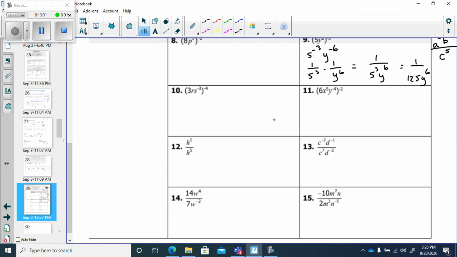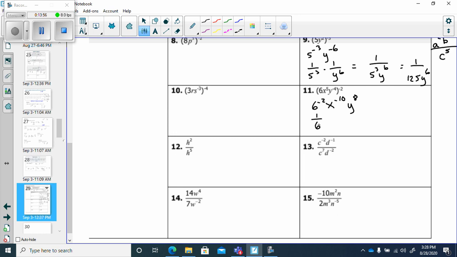Let's look at number 11. We're going to distribute this negative because this is raising a power to a power, and that is a coefficient. That would give me 6 to the negative 2. X to the 5 times negative 2 is negative 10. Y to the negative 4 times negative 2 is positive 8.